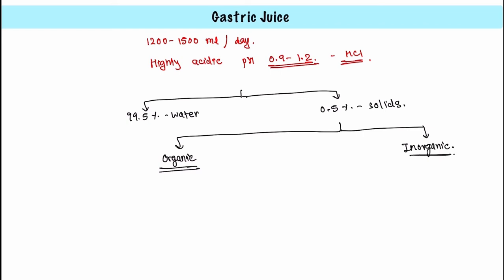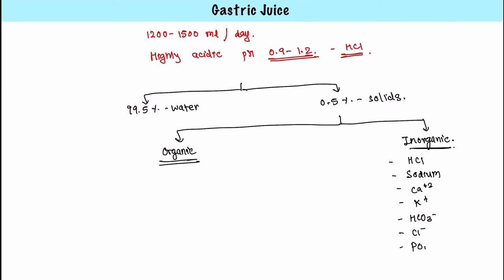Let's talk about first inorganic. So inorganic is HCl, sodium, calcium, potassium, bicarbonate, chloride, phosphate, sulfate.